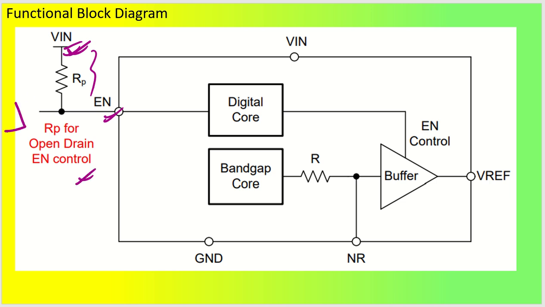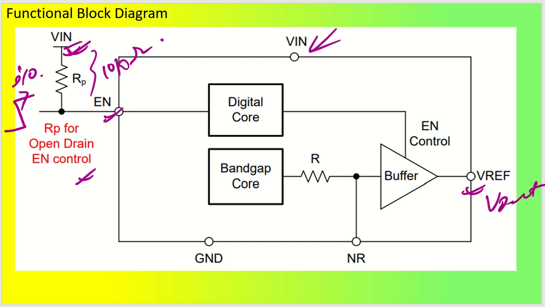If you want to control it through one IO pin, like a GPIO of a microcontroller, say you want to shut it down, then you have to have a pull up resistor here. RP is a pull up resistor, you can put it at, say, 10 kilo ohm or so. And this is your input voltage. We have the ground pin, we have the NR pin, which is the noise reduction pin, and we have your voltage reference, which is going to be your V output.